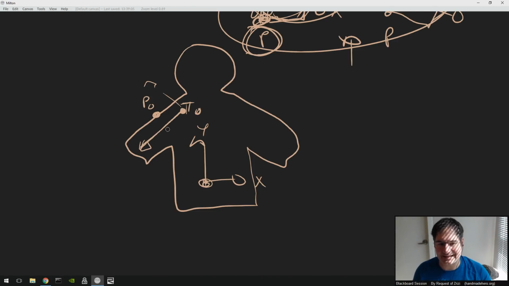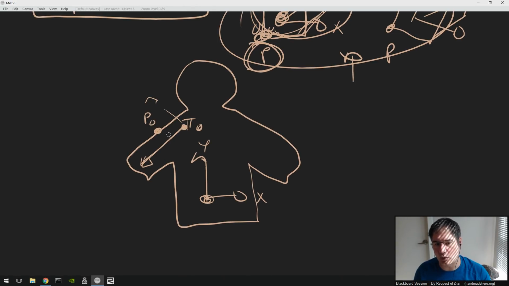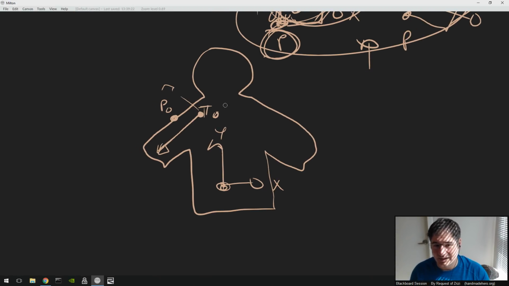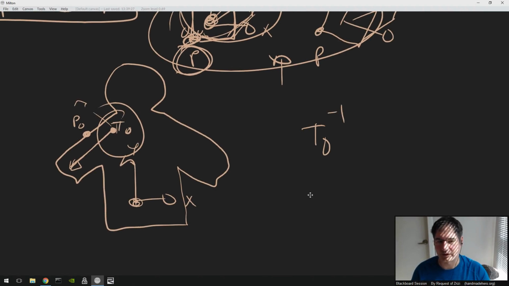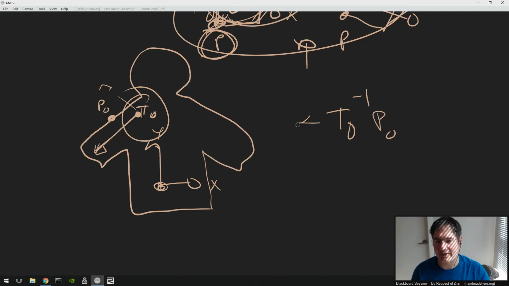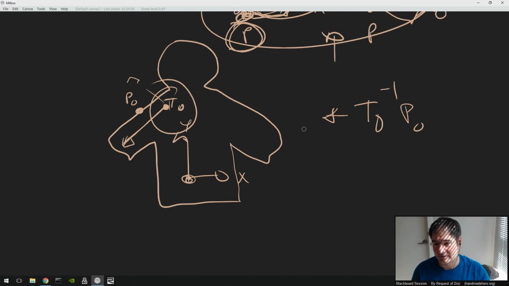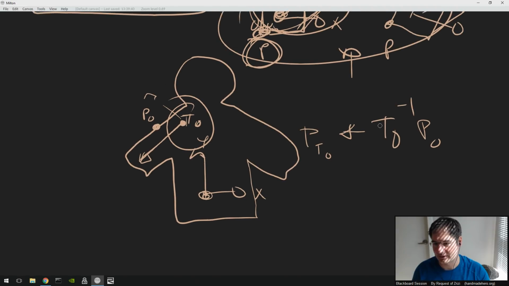But if we assigned P0 to one and only one transform, as we used to in the early days, we can fix this. What do we do? We take the inverse of T0, multiply P0 by that, and store that as our new P0. So what we actually have is a P in T0 space, okay?